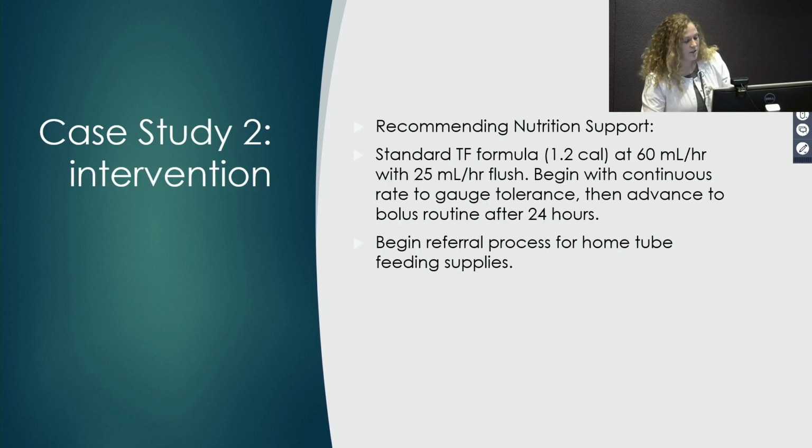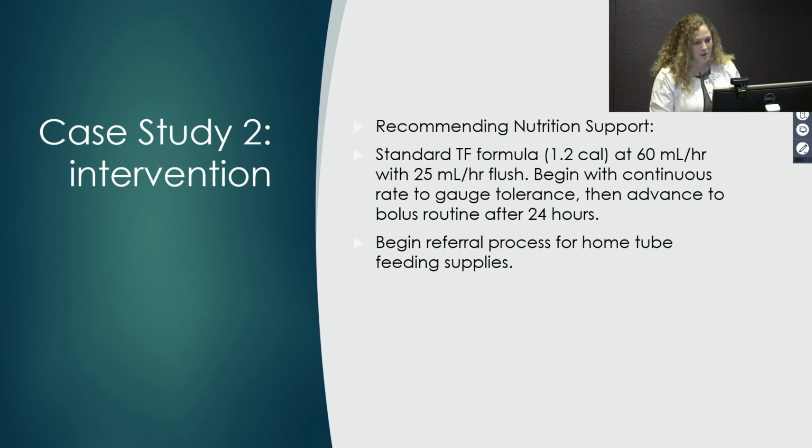So my intervention then is going to be the actual tube feeding. Typically, I start with a standard formula. The formulas that we have here are 1.2 cals per mil. And I like to start with a continuous rate just to gauge tolerance and see how they do, especially since her intake had been low for some time. I don't like to push the volume too much.